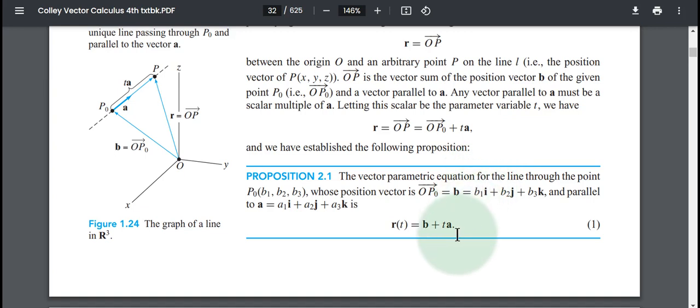So we're given a vector A, and we're given a point P0, with the vector associated with it which we call B. Then we can write this equation for our line.